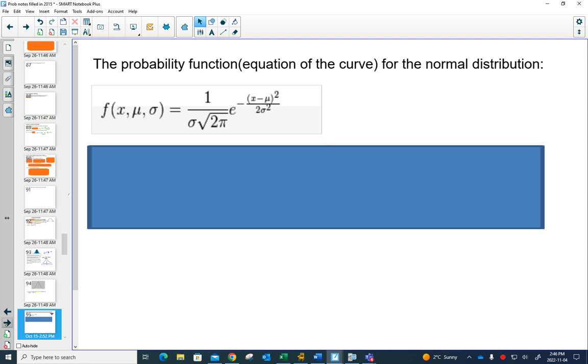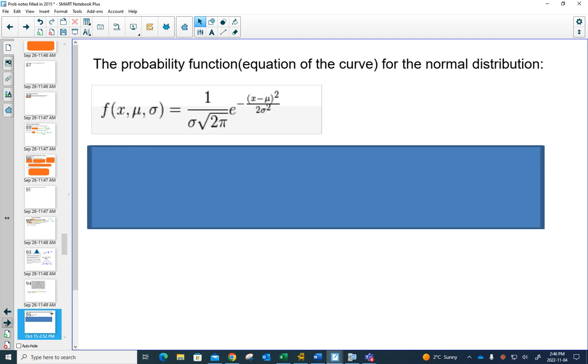Do you need to know this formula? No. But this is the actual function that draws that curve. It is a function. I don't think you even have this in your notes, right? So just, don't write it down.